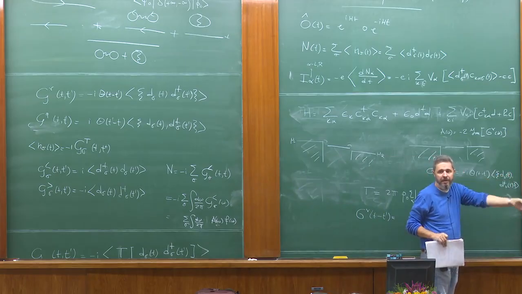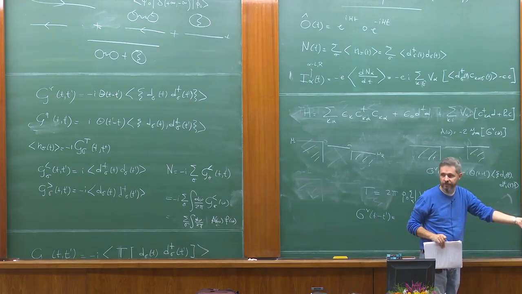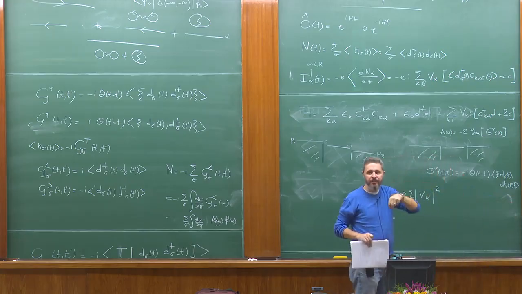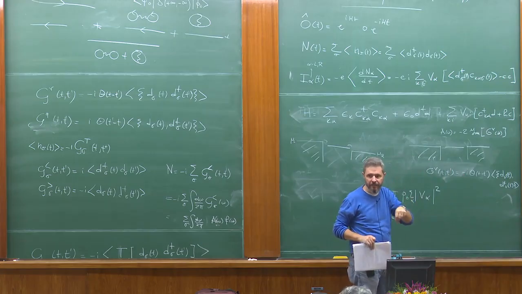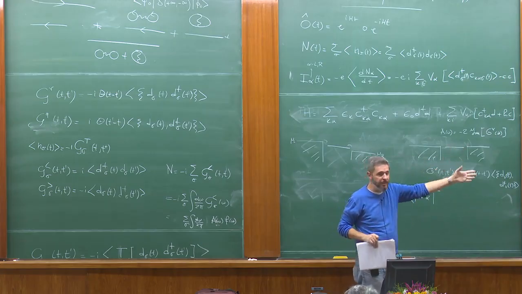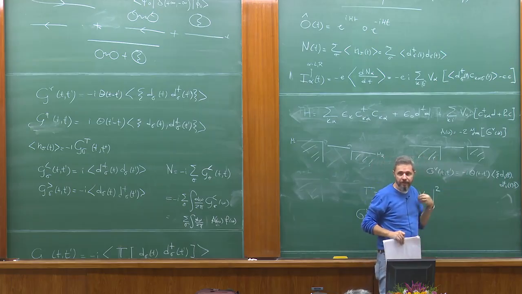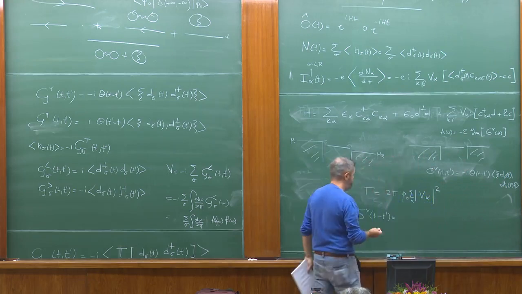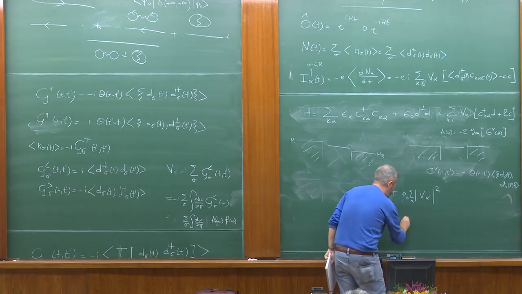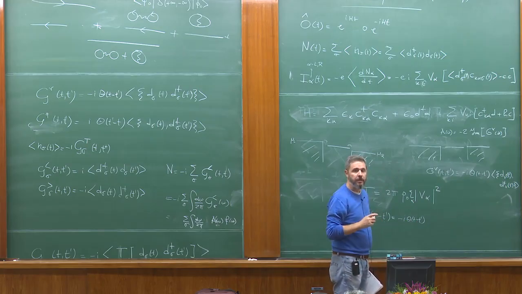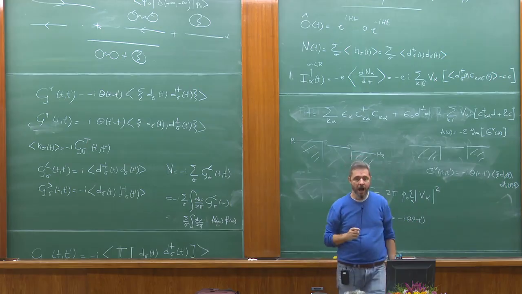And I'm looking at the amplitude for this to survive, to still find it in the resonant level, because it could have gone somewhere else, right? It could have gone in the leads. And here I'm just trying to find what is the weight of the wave function that remains in the resonant level. So not surprisingly, the result is going to be minus i theta of t minus t prime, right?